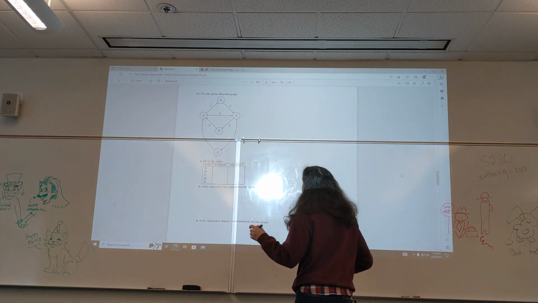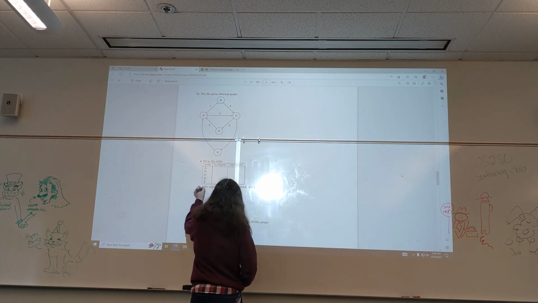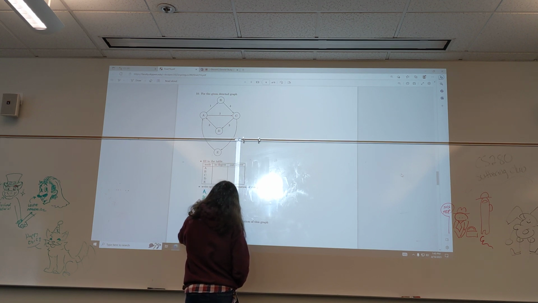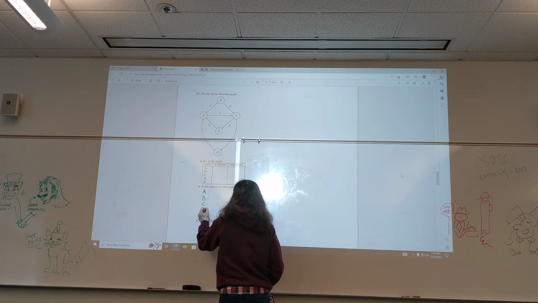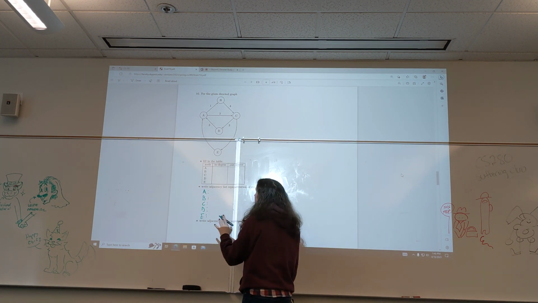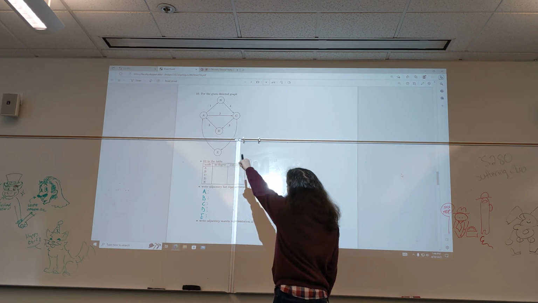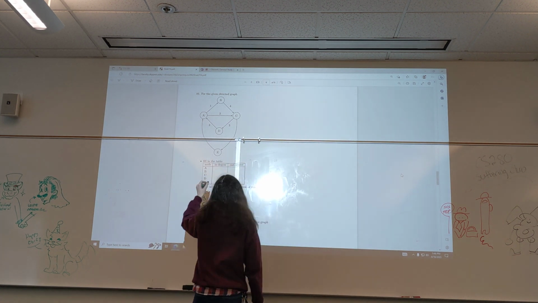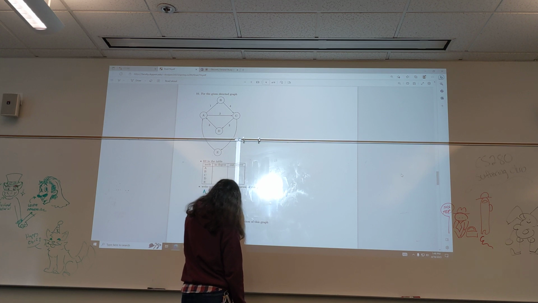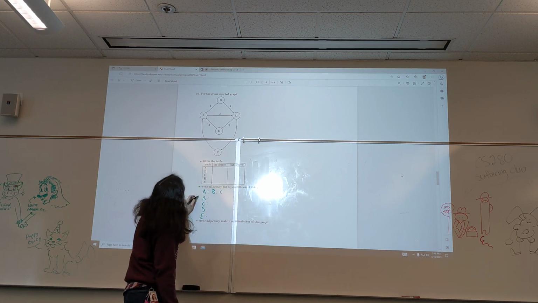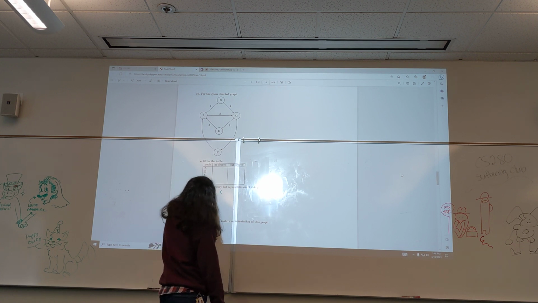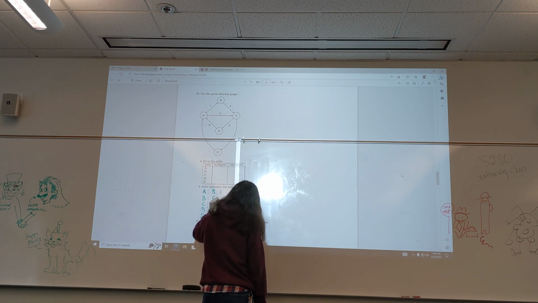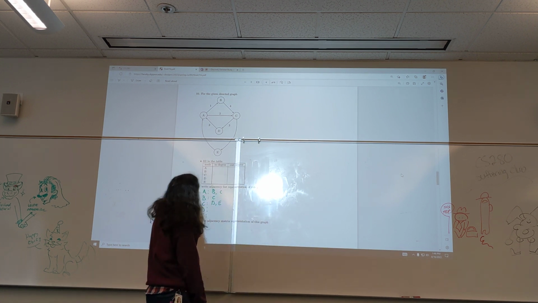So, adjacency list representation means that for A, B, C, D, and E, we're going to write a list of all the nodes you could get to from that node. Basically, you just look at it and see, okay, we can get from A to B or A to C, so it'd be B, C. From B, you can get to C. From C, you can get to D or E. Don't you also want to write the weights down there associated with these?